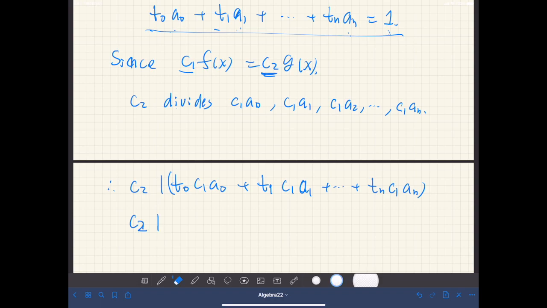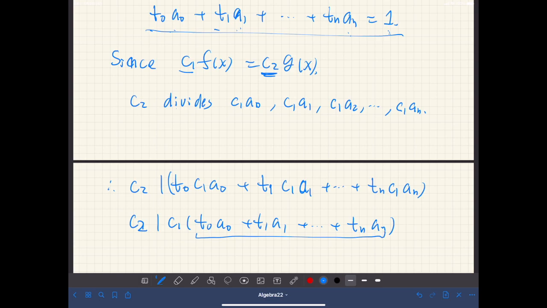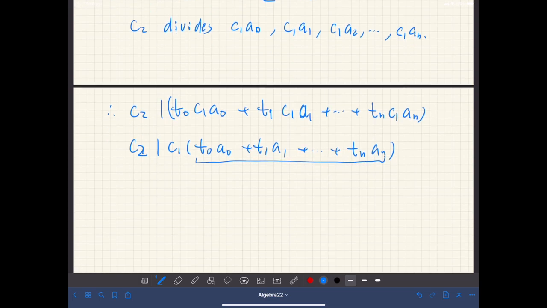If we factor c1 out, we have c1 times t0 a0 plus t1 a1 and so on, tn an, but this one is equal to 1. So c2 divides c1 times 1, so it divides c1.